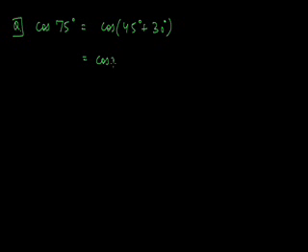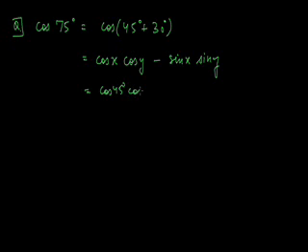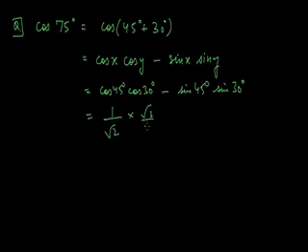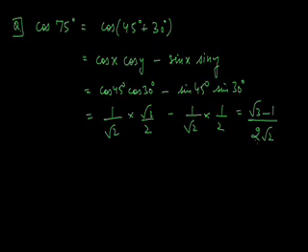Cos x plus y is equal to cos x cos y minus sin x sin y. So it will be cos 45 degree cos 30 degree minus sin 45 degree sin 30 degree. So it will be 1 by root 2 into root 3 by 2 minus 1 by root 2 into 1 by 2. So the answer will be root 3 minus 1 upon 2 root 2.